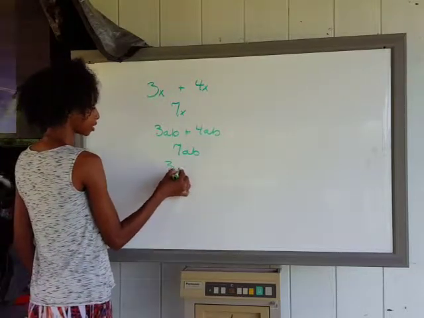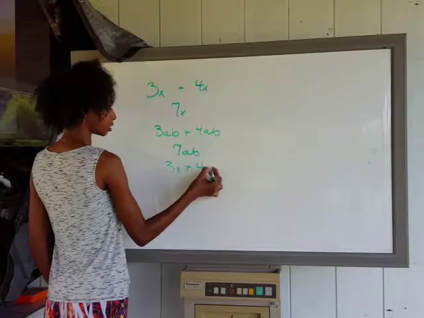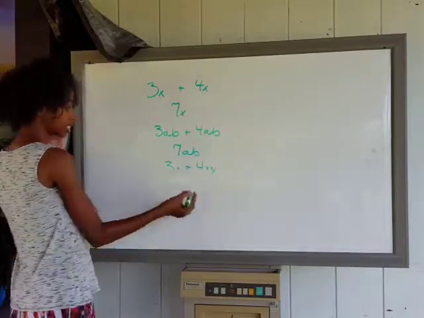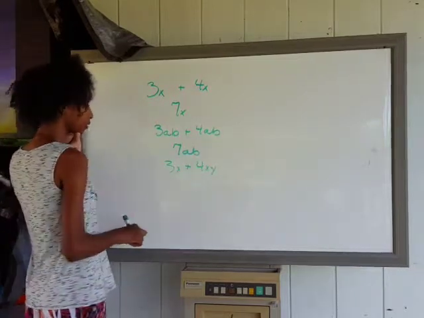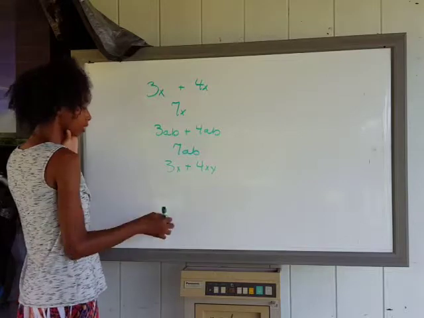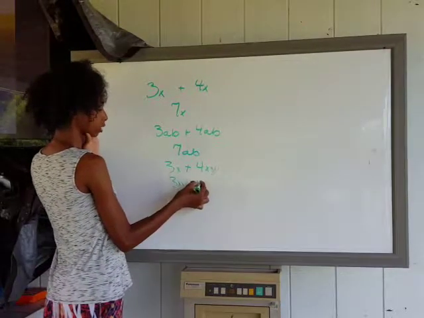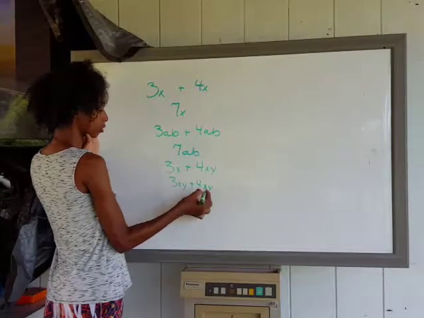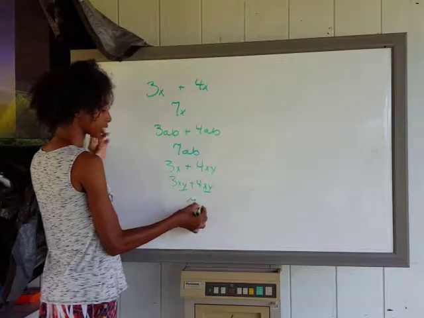If we have 3x plus 4xy, that is not the same thing. So these terms are not the same. If we had 3xy plus 4xy, then those are the same, and we can combine them and it will be 7xy.